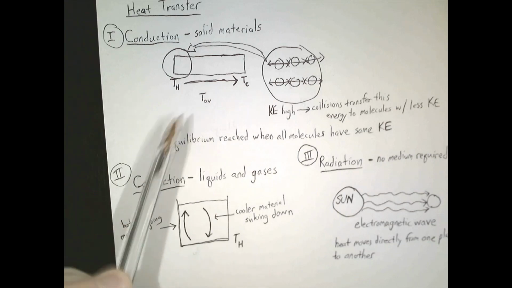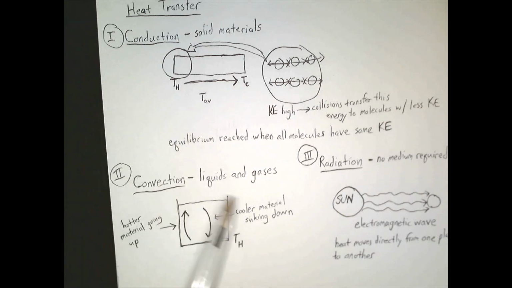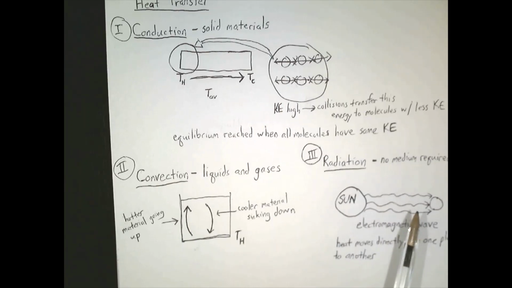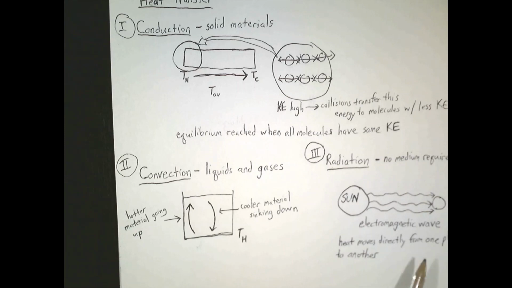If it's solid materials, that's going to be conduction. If you have a liquid or a gas, it's going to be convection. If you just have a vacuum or no significant medium transferring that heat, it's going to be radiation. So that's the simplest way to identify the method of transfer: what materials is the heat being transferred through or from.